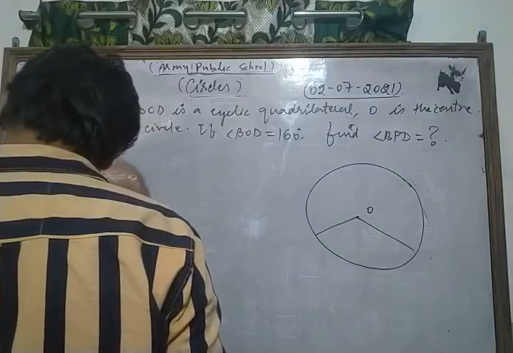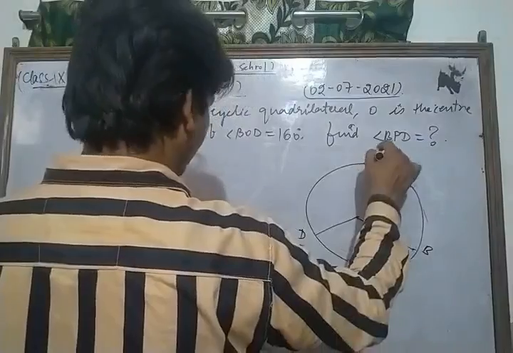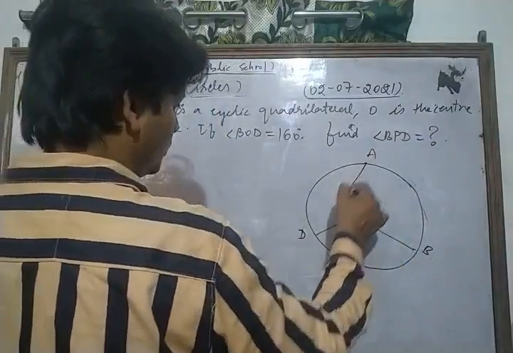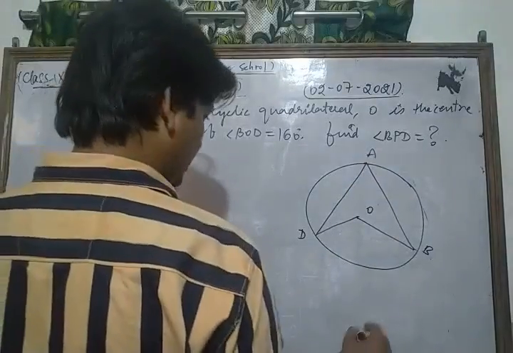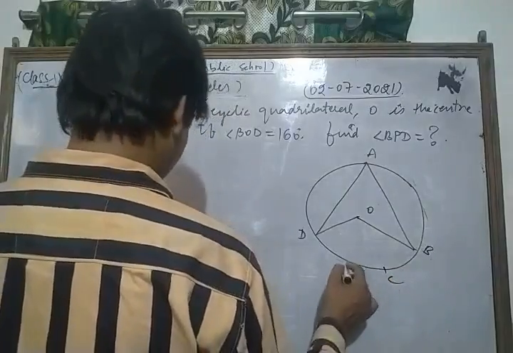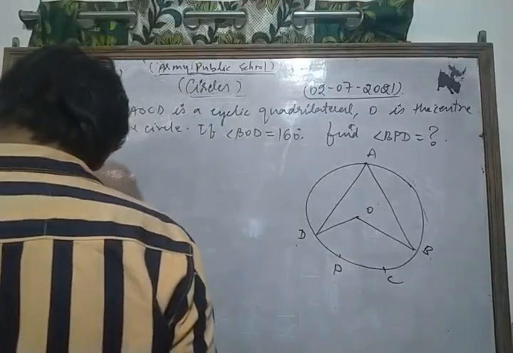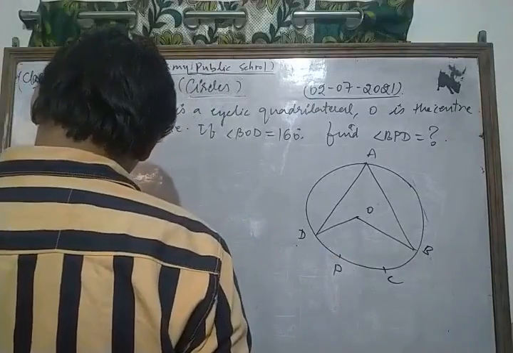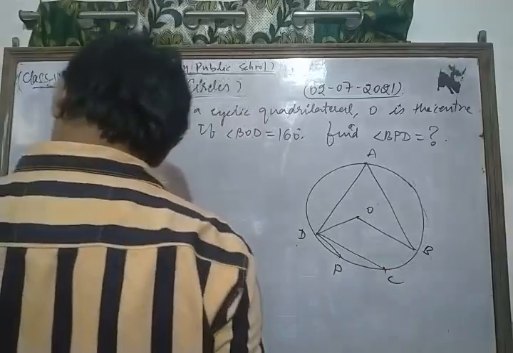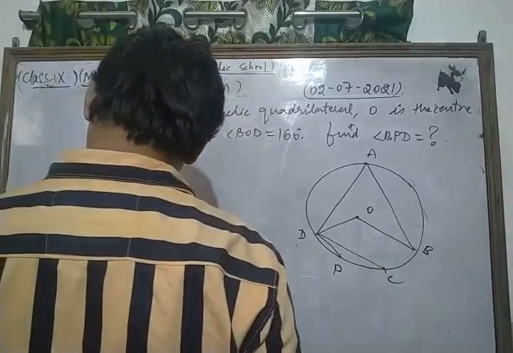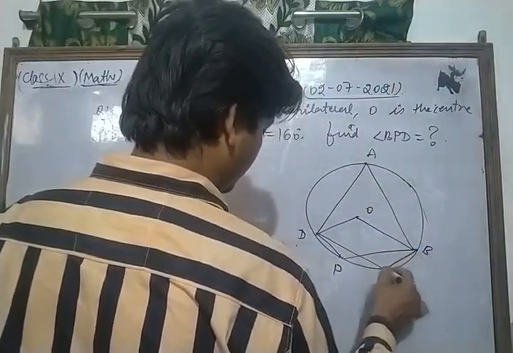Okay, this is the figure. We join AD, AB, BC, CD, and here the point P, and we join DP and BP.